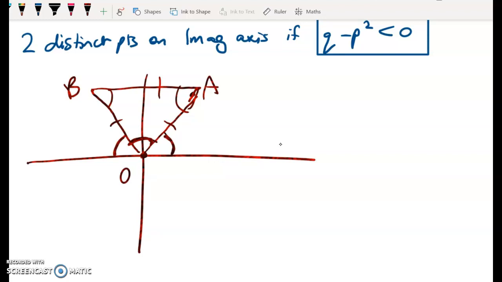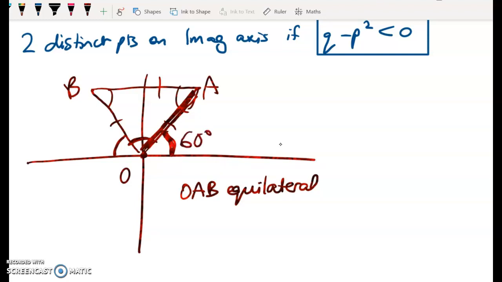So doing this first by looking at the angles, if we've got OAB is equilateral, that means that the argument of the number going with A must be 60 degrees. And we've also drawn it that it's in the first quadrant. Okay, so the argument of ZA is equal to 60 degrees.